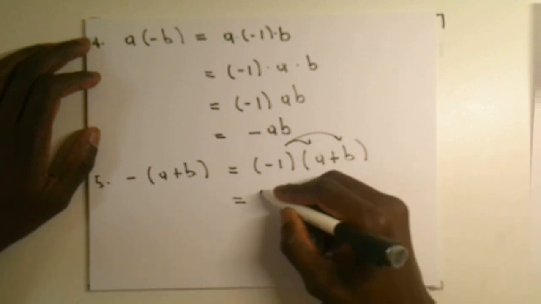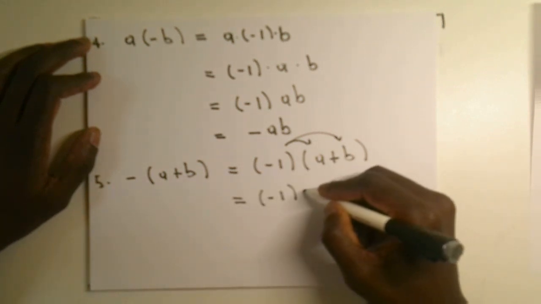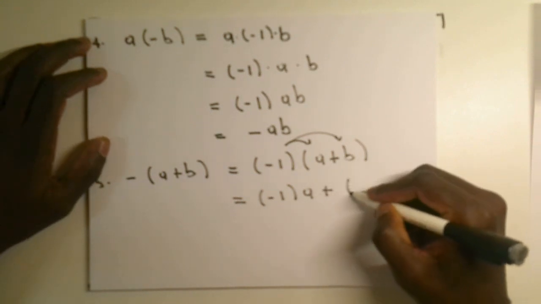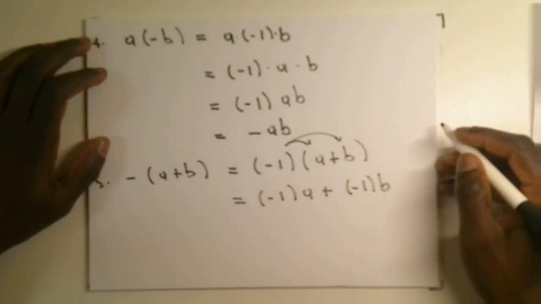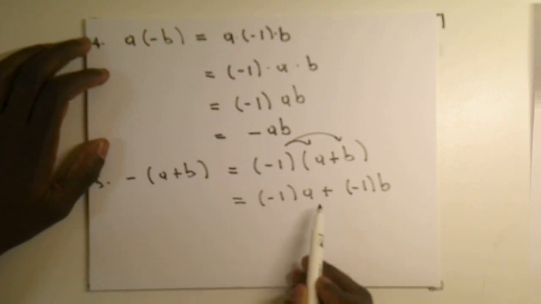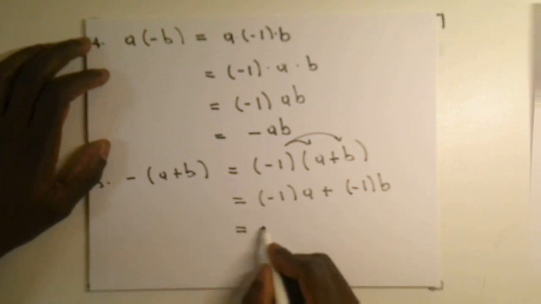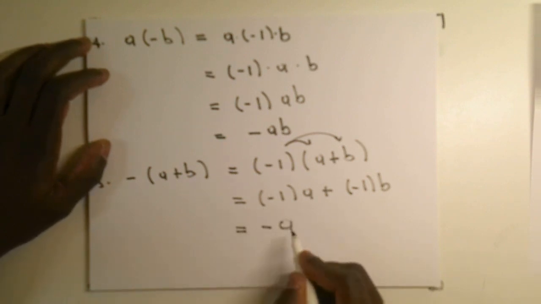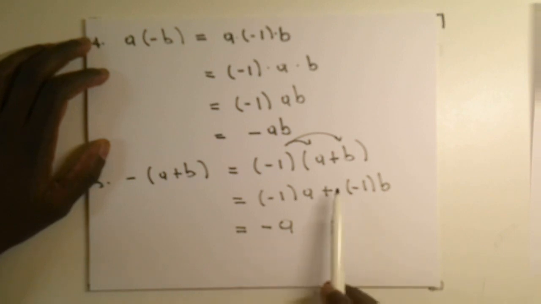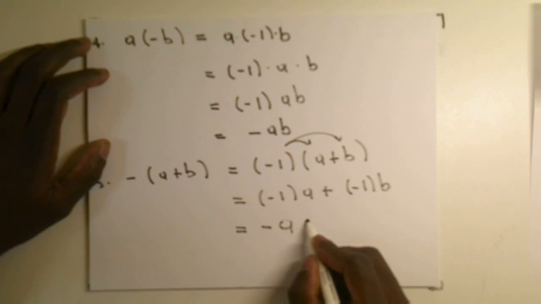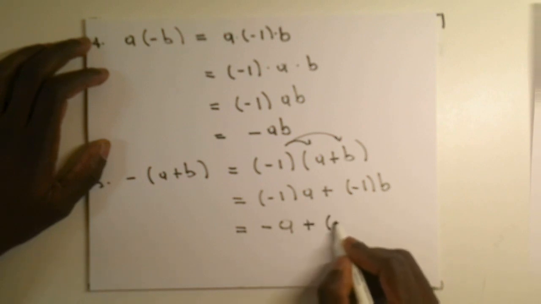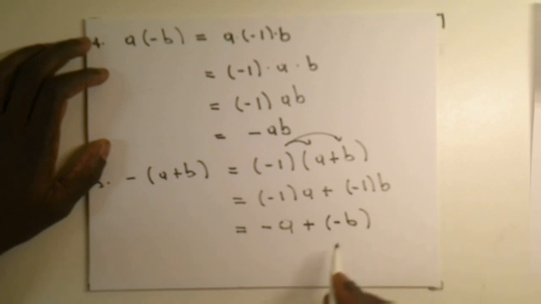So this gives me negative 1 times A plus negative 1 times B. And then this negative 1 times A, using my previous fact, is minus A. And then this, also from my previous fact, will give me plus a negative B. And then we learned earlier about this subtraction principal property.